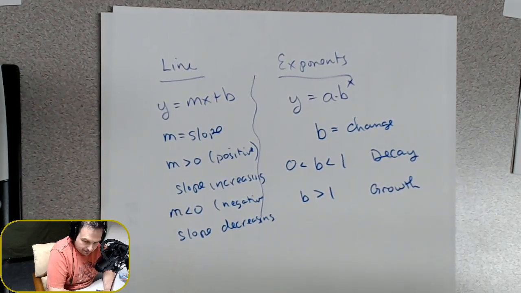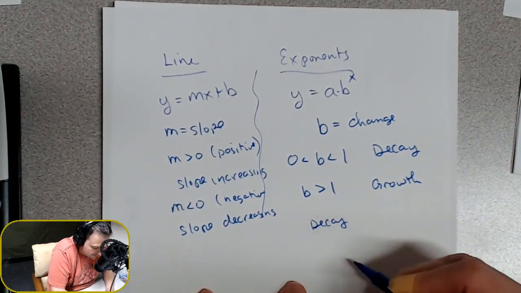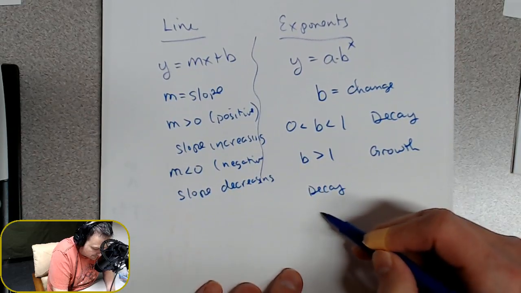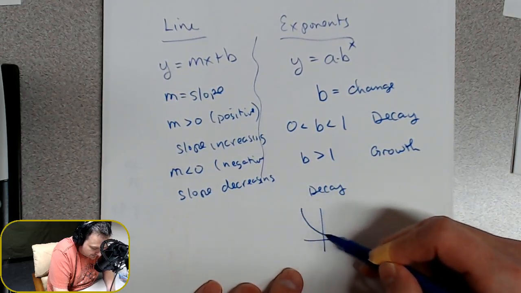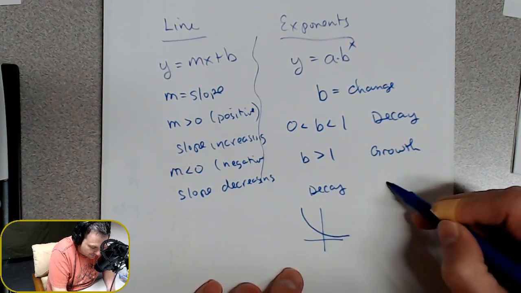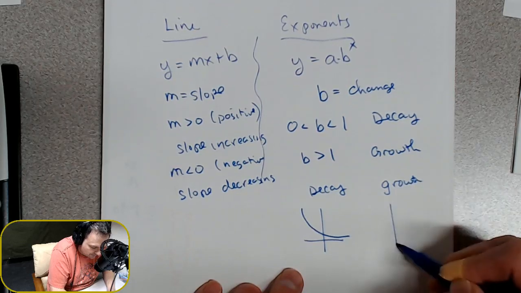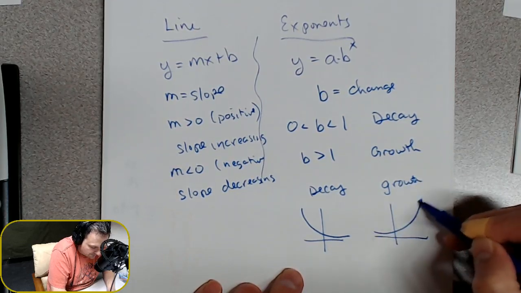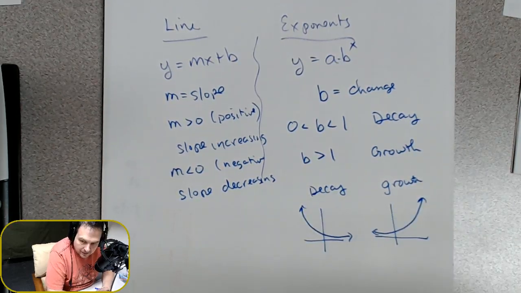For example, decay looked like this: it was going down, started high and went down. And growth started here and went up. Do you see that?